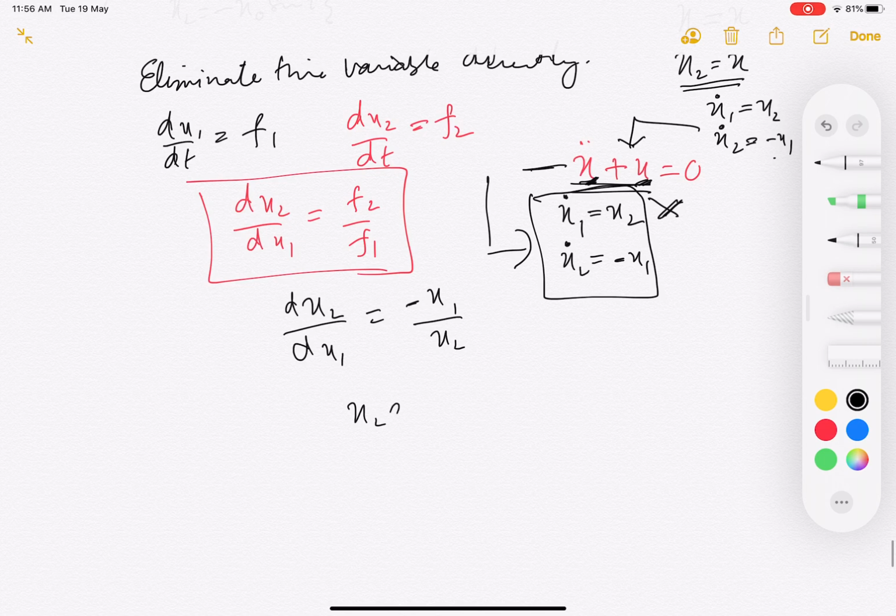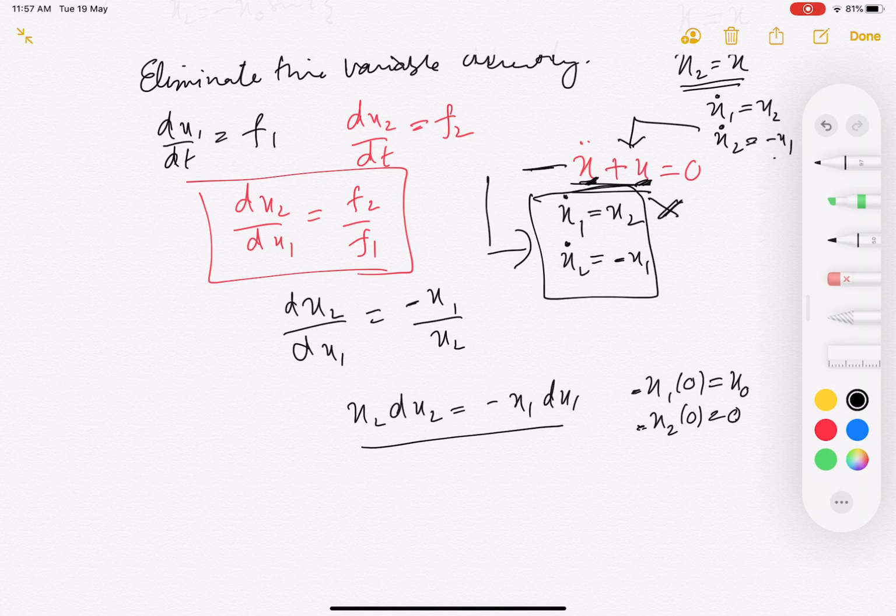So you have x2 dx2 is equal to minus x1 dx1. For initial conditions, x1 at 0 is x0 and x2 at 0 is 0, right? So these are your initial conditions, because the state is x0 and the velocity is 0 at time t is equal to 0. So when you integrate both sides, with respect to x2 here and with respect to x1 here, you'll get x2 square plus x1 square is equal to c, right?